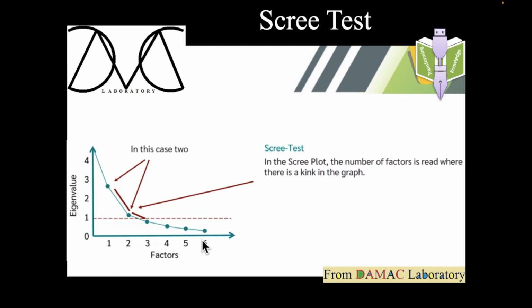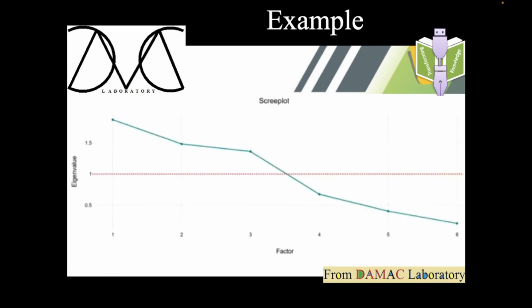Sometimes the data set which I have shown you earlier will generate something like this. So whether you will consider 2 or 4 is not clear from this eigenvalue curve or from that scree plot.